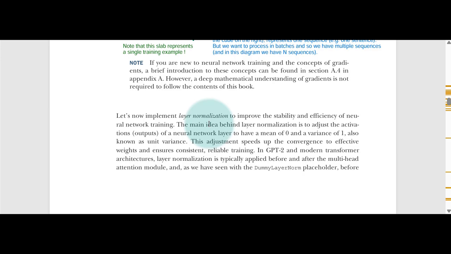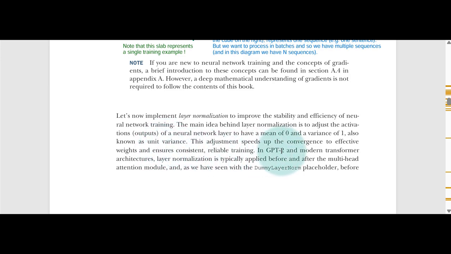The main idea behind layer normalization is to adjust the activation, that is the outputs of a neural network layer, to have a mean of 0 and a variance of 1. Okay, so I didn't quite say it that way, but I gave you the right idea. Also known as unit variance. So, okay. This adjustment speeds up the convergence to effective weights and ensures consistent, reliable training.